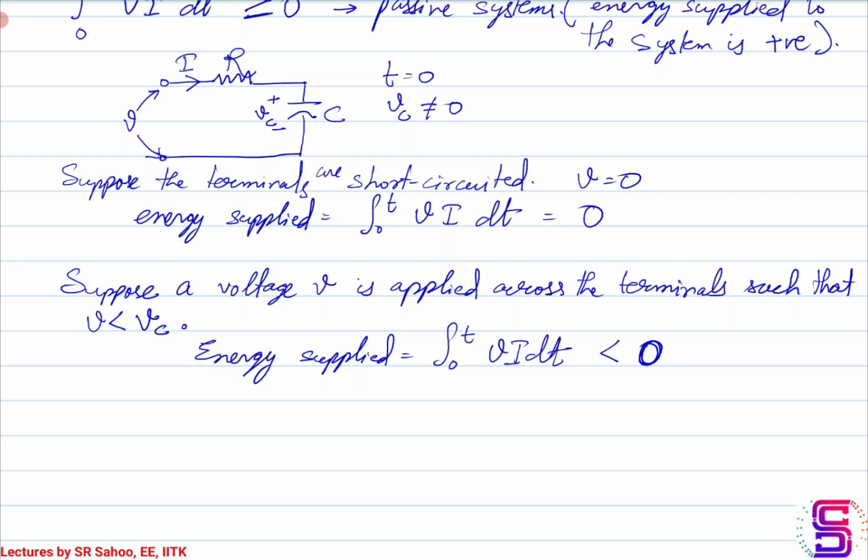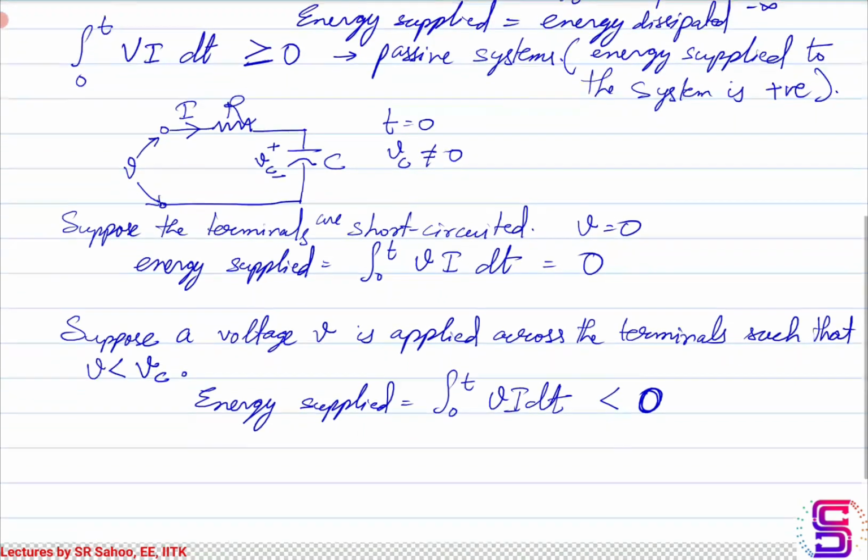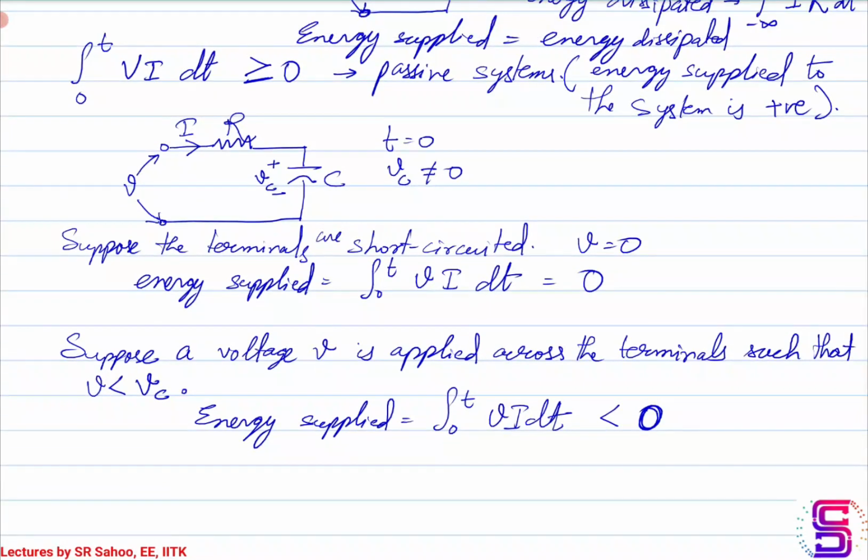Earlier we had said that for a system where the integration of the input and output product is greater than or equal to 0, or rather, if the energy supplied to the system is positive over a time interval, then we'll call it a passive system, right?